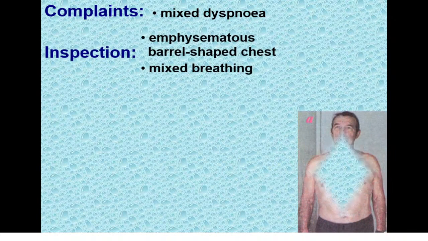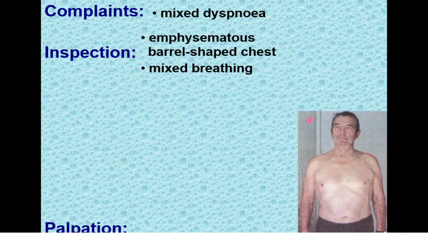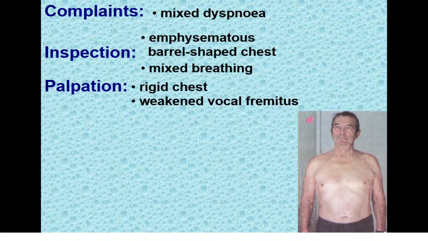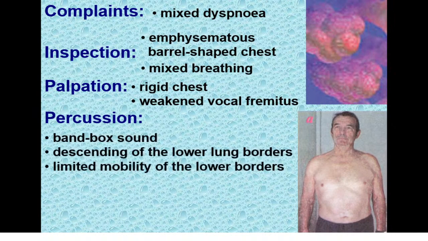On inspection, specific emphysematous barrel-shaped chest with mixed breathing. On palpation, rigidity of chest because no elasticity of the lung and weakened vocal fremitus as result. On percussion, specific tympanic band box sound and decreased mobility of the lung and increased size of the lung, displacement of upper and lower borders.